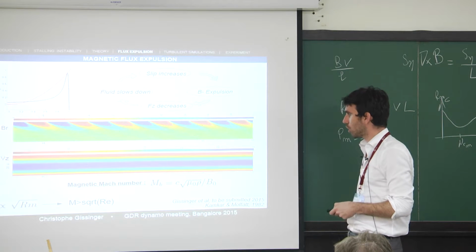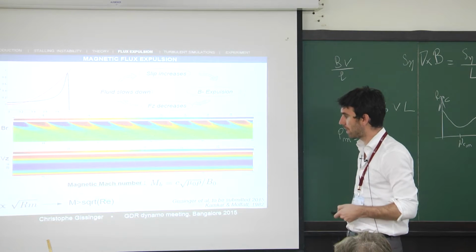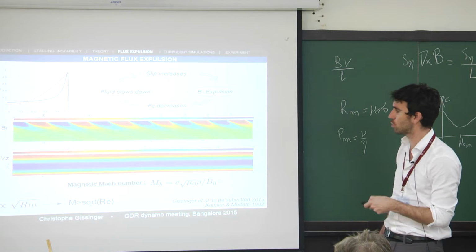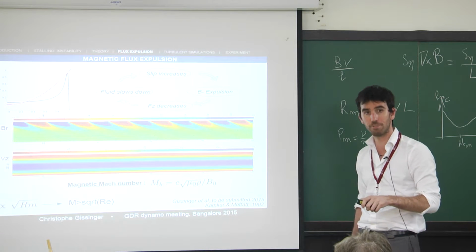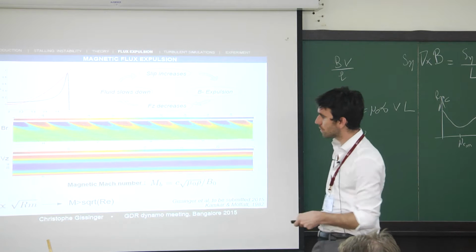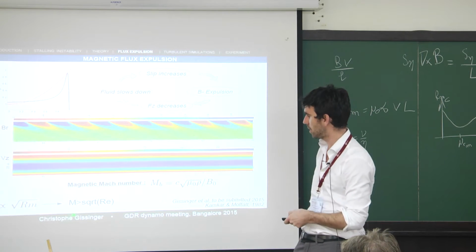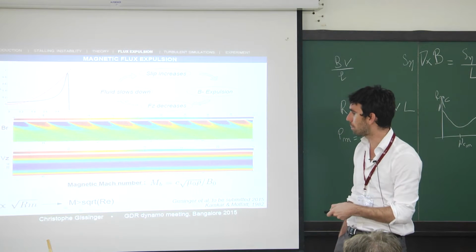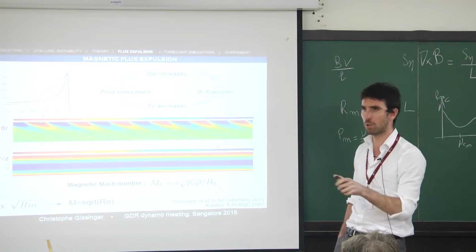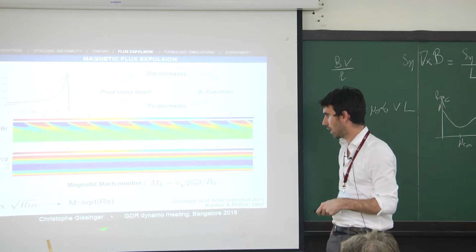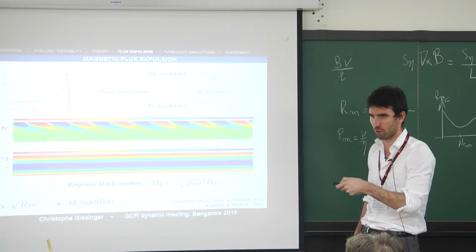Since it's flux expulsion, you can introduce a kind of magnetic Mach number, which is the ratio between the velocity of the fluid and the Alfvén speed. If you introduce this Mach number, the scaling for the appearance of the instability translates to a Mach number bigger than a number which depends on the Reynolds number. It's a nice prediction for the occurrence of instability.